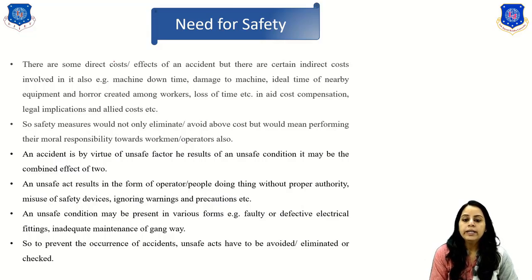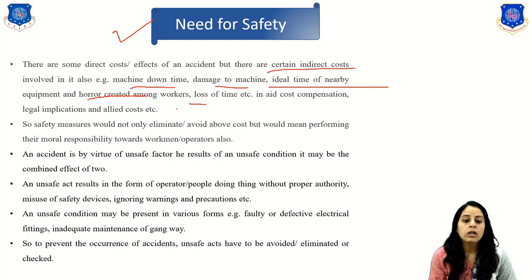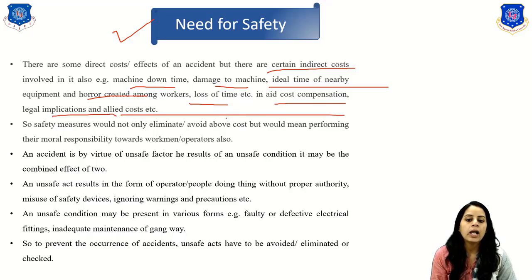Now, the need for safety. Why do we require safety? First of all, there are direct costs and indirect costs or effects of an accident. There are certain indirect costs involved, like machine downtime, damage to machines, idle time of nearby equipment, horror created among the workers, loss of time, etc. In addition, compensation, legal implications and allied costs.